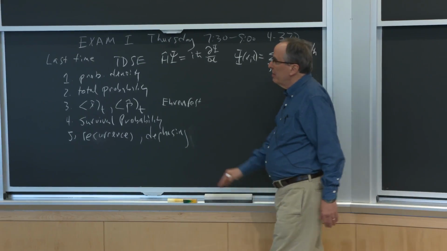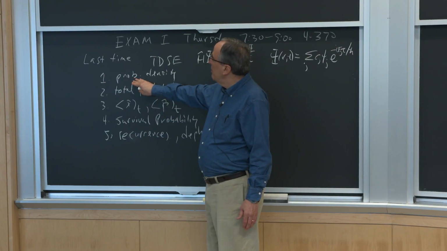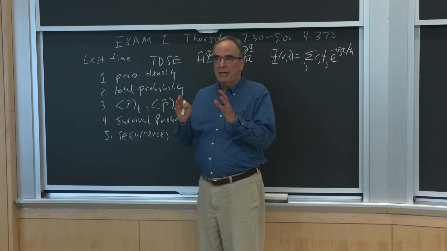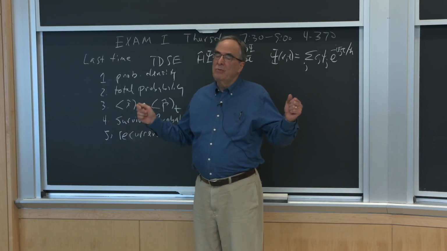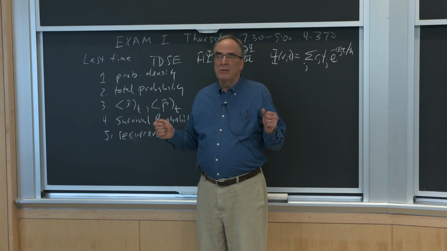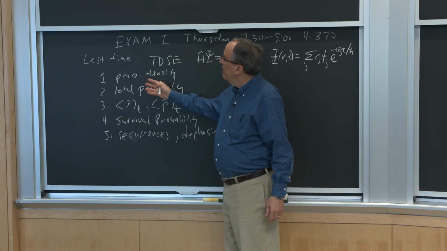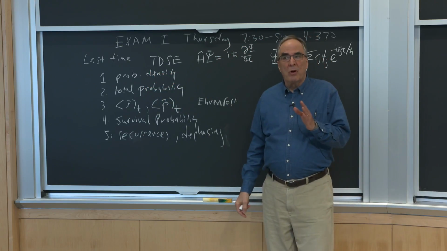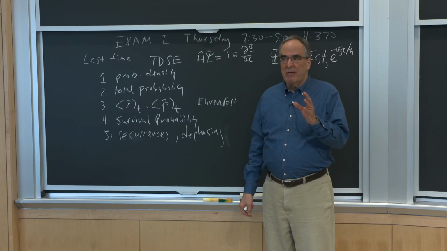Okay, in the previous lecture, we talked about the probability density, which is psi star psi. It can move in two ways. If the wave function includes two or more states belonging to different energies, then you can have motion.